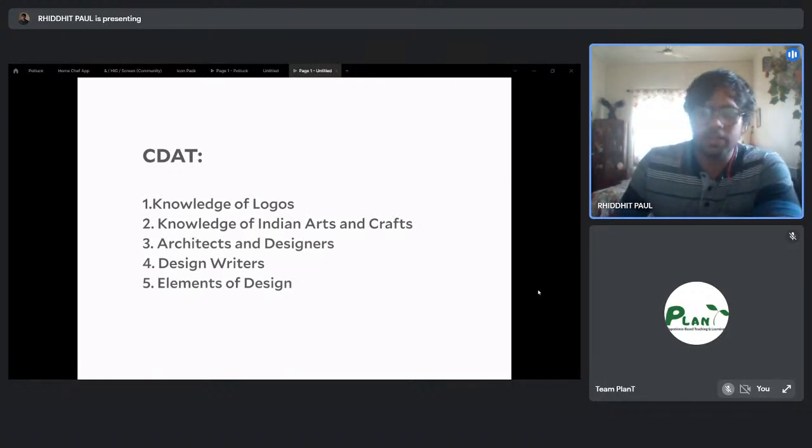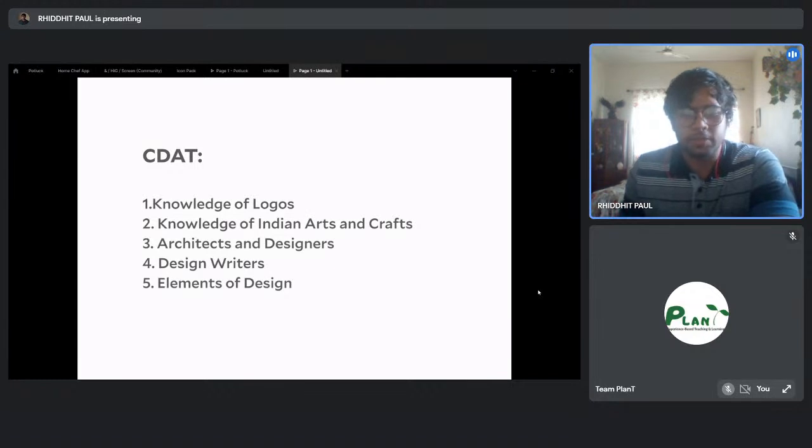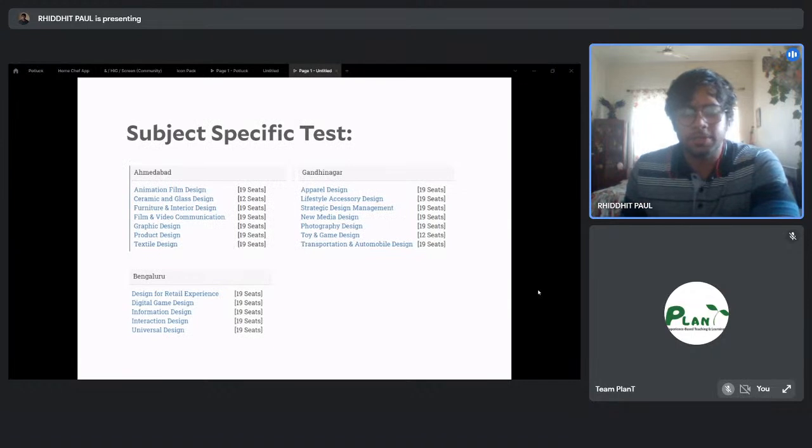They can ask you a question about literally anything, right? Here the questions are objective MCQ types, but in the next part, which is the subject specific test, you have to pick one, maximum two subjects that you want to apply for in NID. And based on these subjects, they will give you a subjective test of maybe 4 to 5 questions.